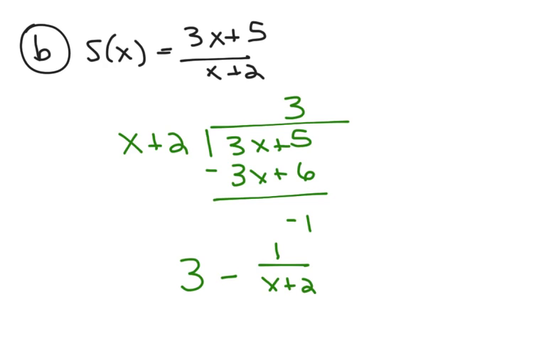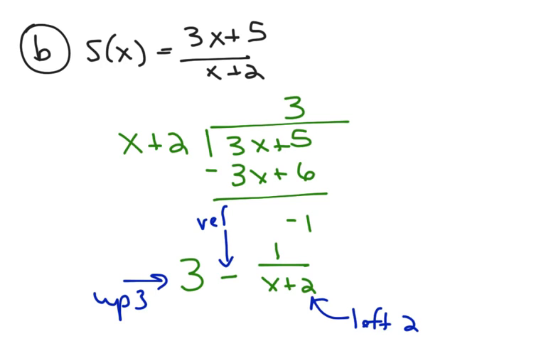I wrote the minus out in front instead of writing plus a negative. Well, now I know how this graph has been transformed. First, this moves the graph up 3. This moves the graph to the left 2. This reflects it over the x-axis.